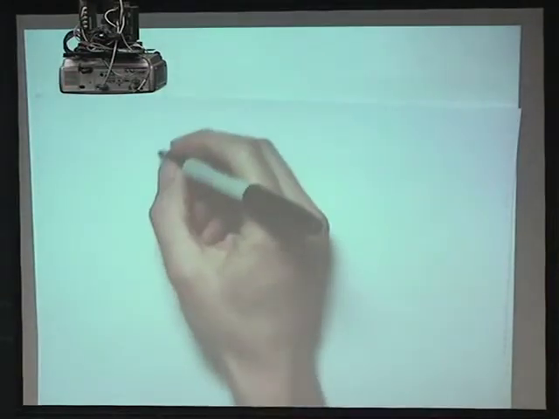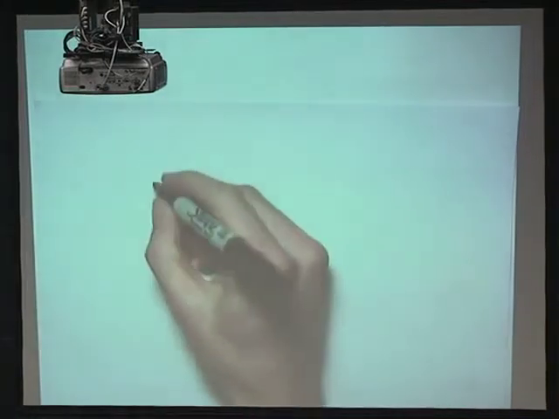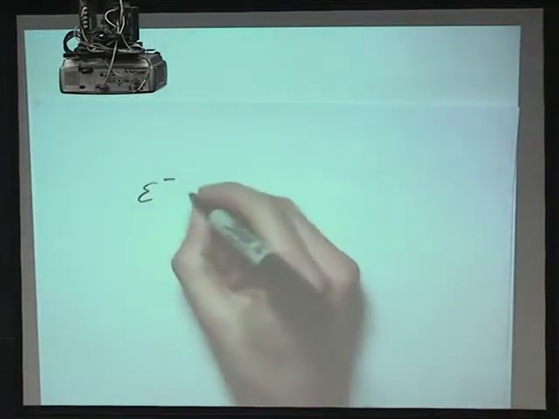So the proof uses things that we have talked about before. There is this relationship between the raising and lowering operator and the Casimir.